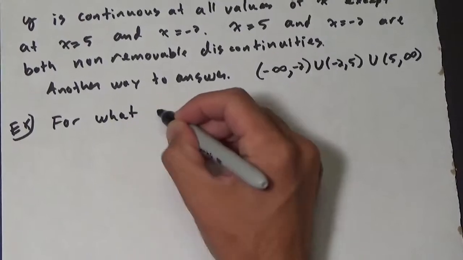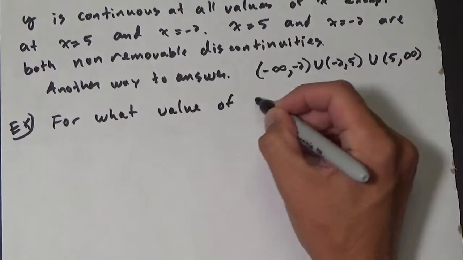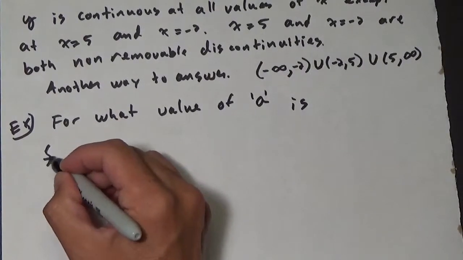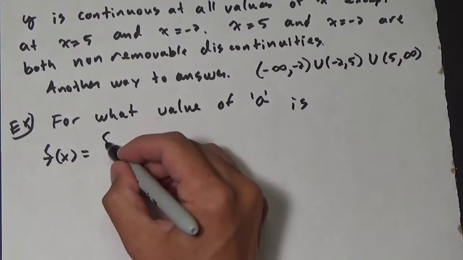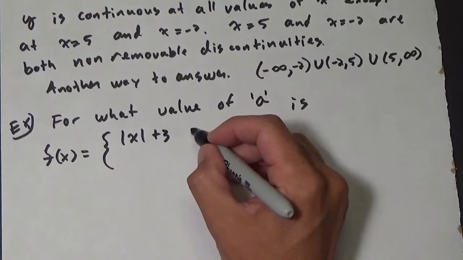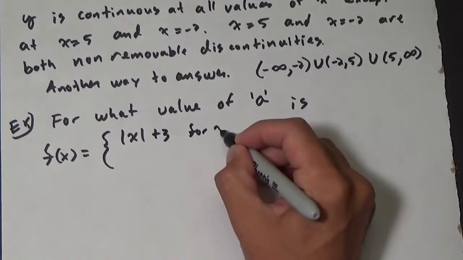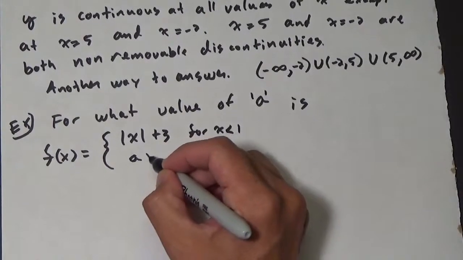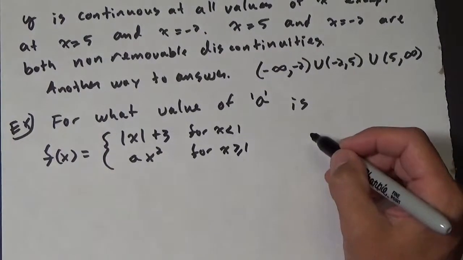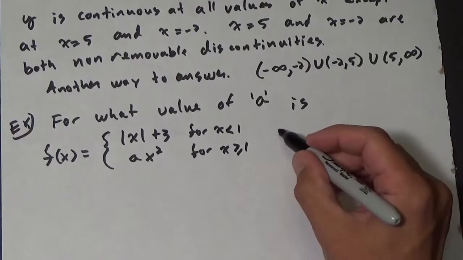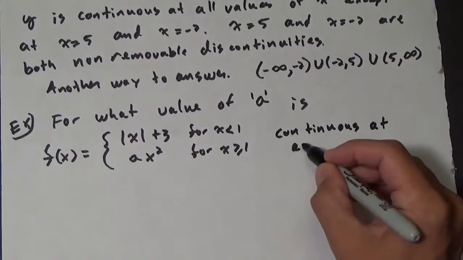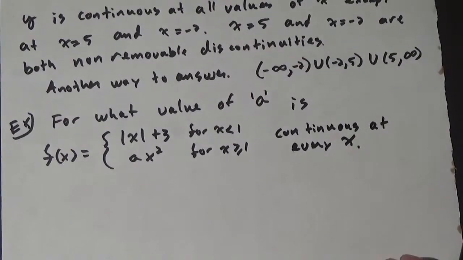For what value of a is f of x equals the absolute value of x plus 3 for x less than 1, and ax squared for x greater than or equal to 1, continuous at every x? So that's a question.